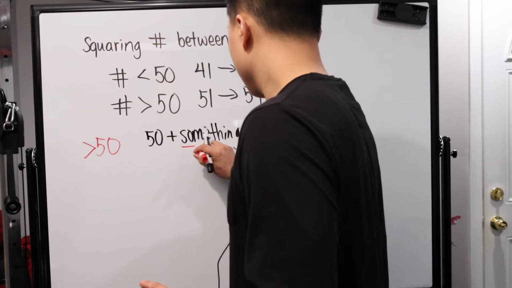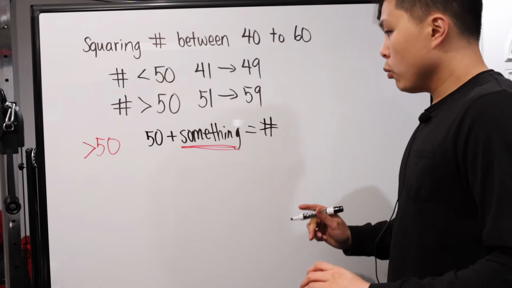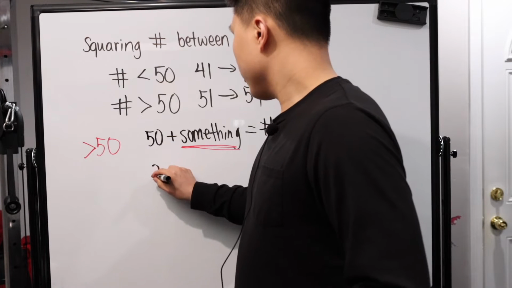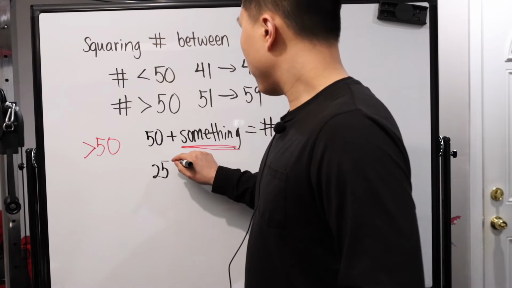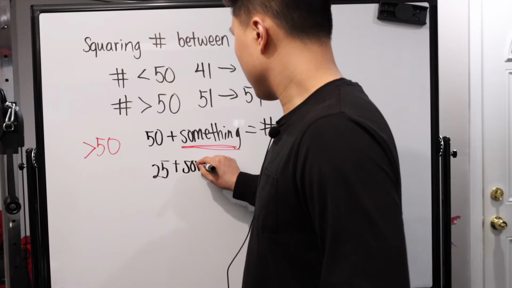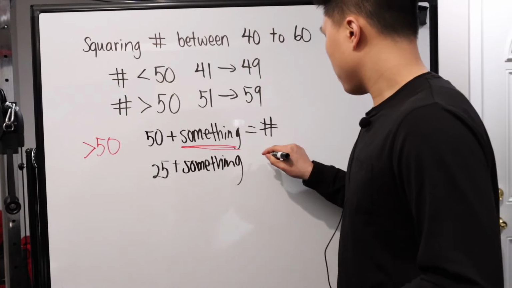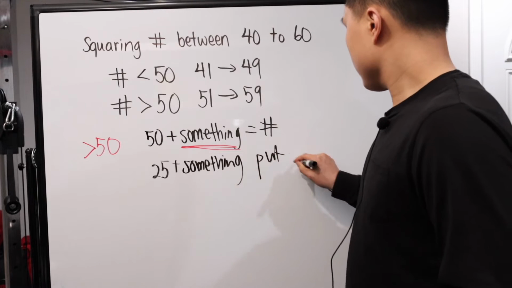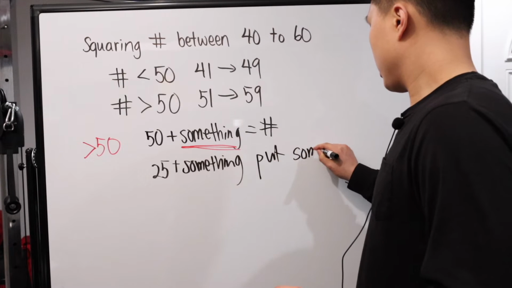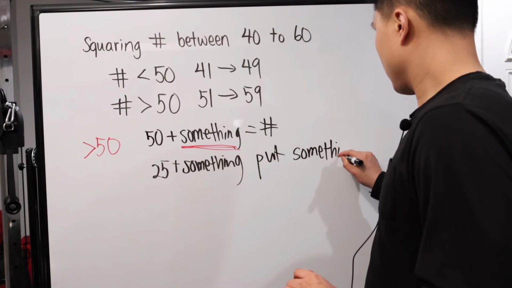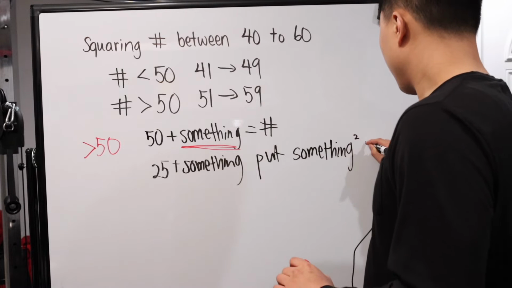Once again, the something is the most important part. What you're going to do is 25 plus something, and afterwards you're going to put something squared at the end.